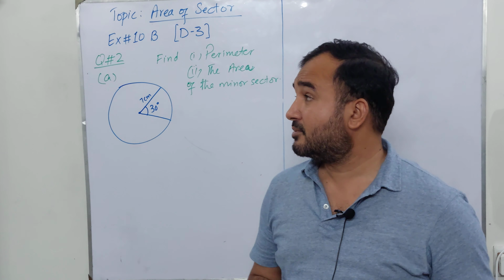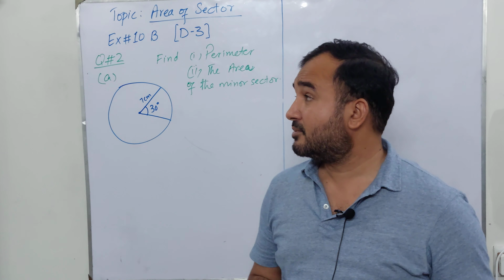Okay, so the angle is the same, 45 divided by 360 into, but here we have to use the capital R, since we are finding the area of the bigger sector, whose radius is represented by capital R and is equal to 20. So that's why in this case we have to use the radius of the bigger sector.